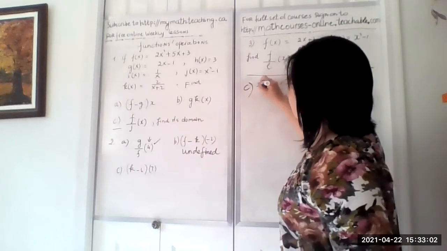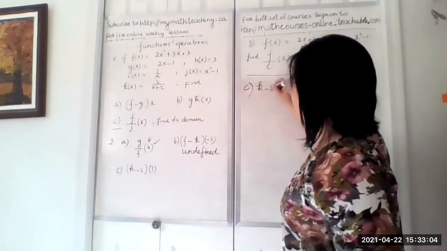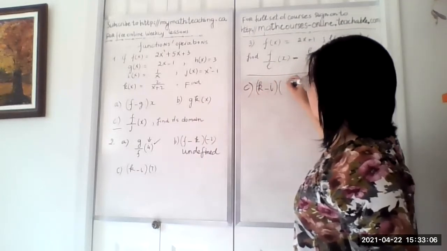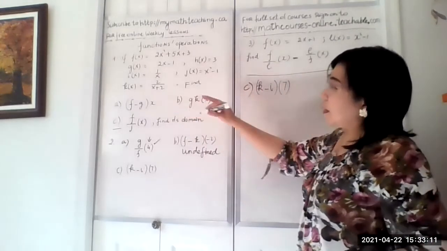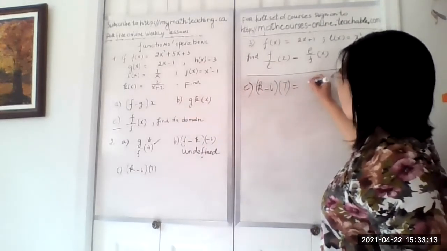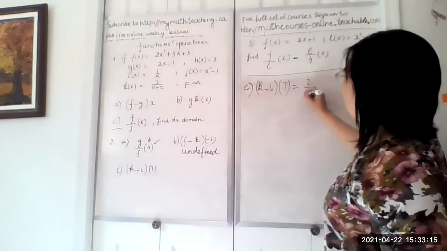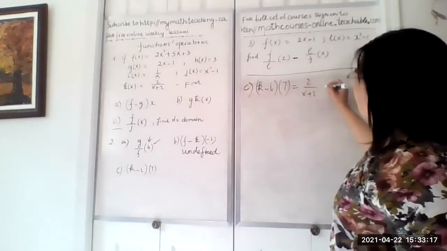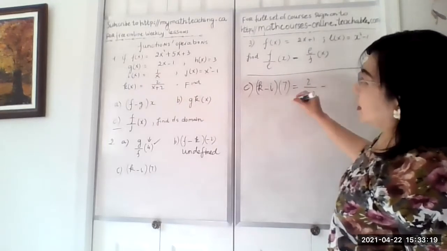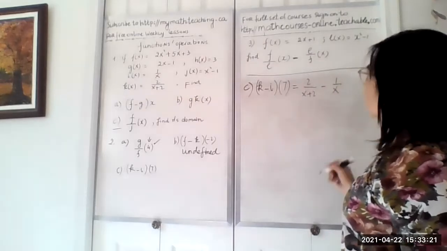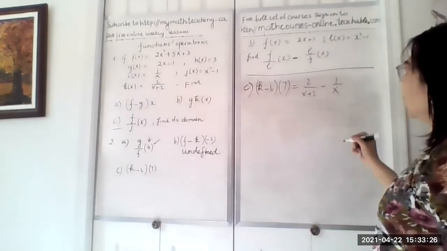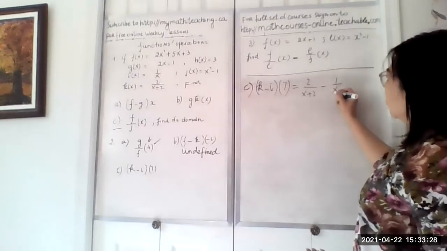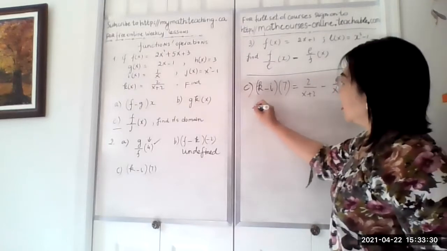So for the C, we do K minus I, and we will evaluate if x equals 7. So our Kx is what? Our Kx is 2x plus 2 minus our Ix is 1 over x. So this is the rational function. So this is just a little bit of review, right? When we subtract this, we have to do common denominator.